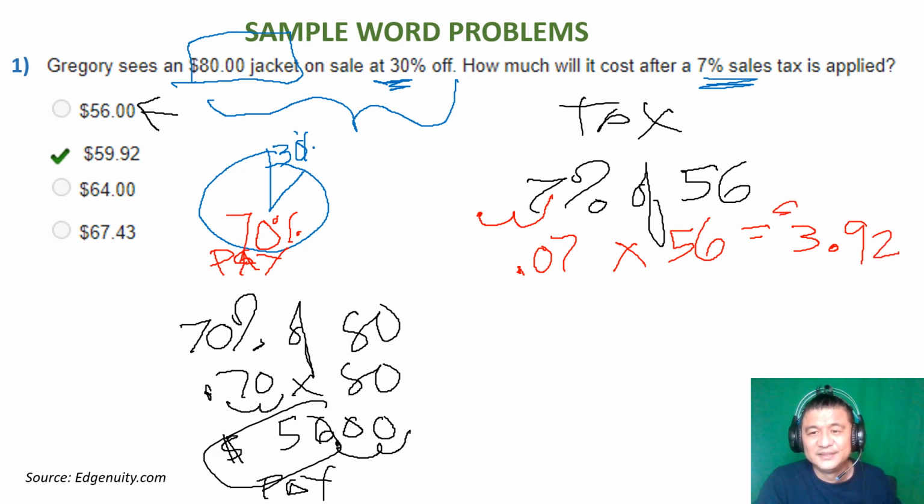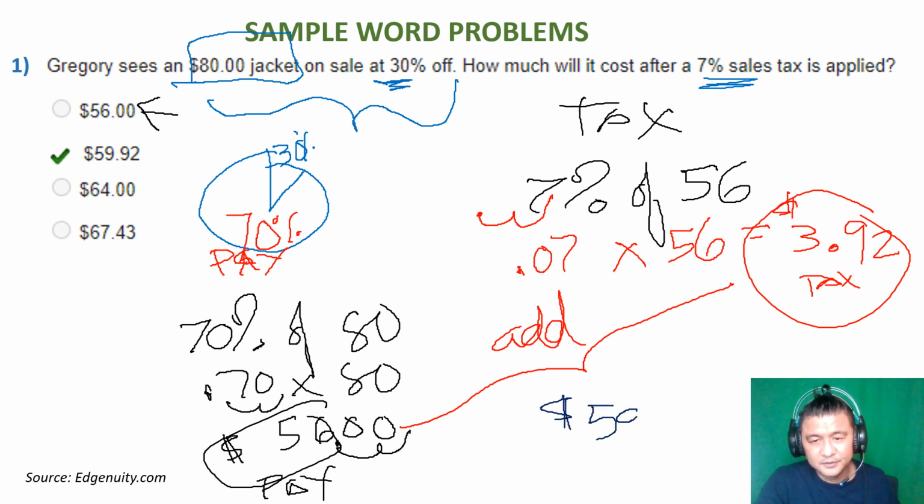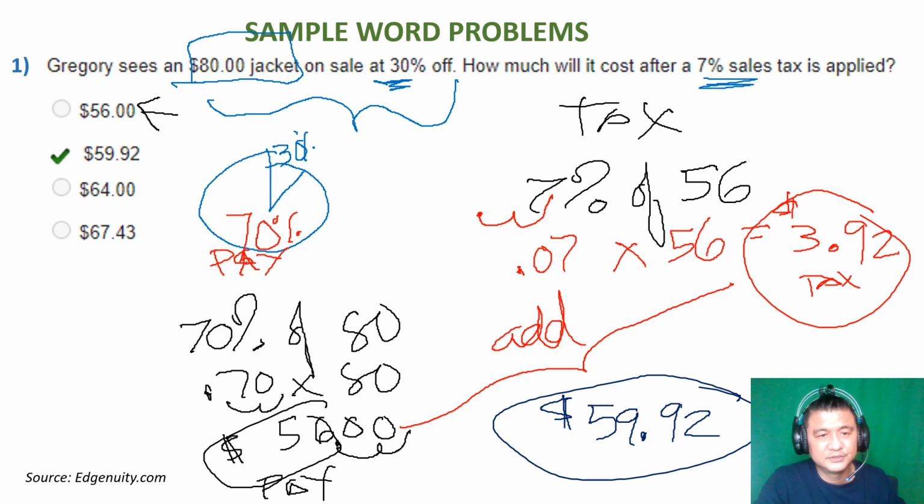This is just the additional tax. So how much will I pay now? What will I do with these two? Yes, add them. So $3.92 plus 56, you will get an answer of 59.92. And where is that in the choice? That's your answer. Okay? Good job.